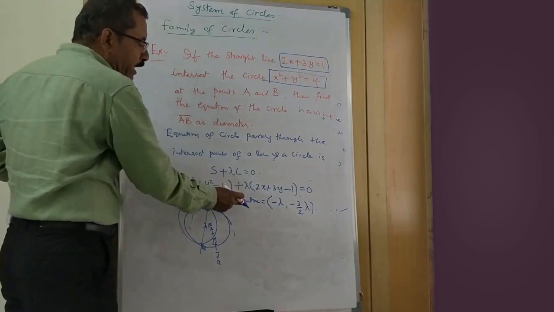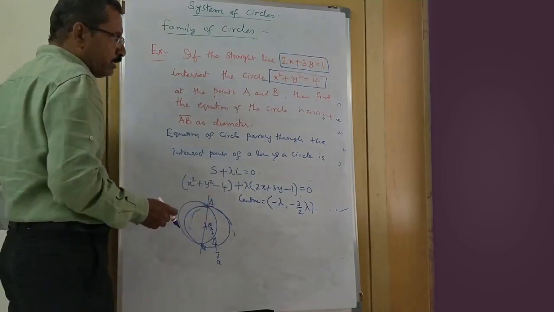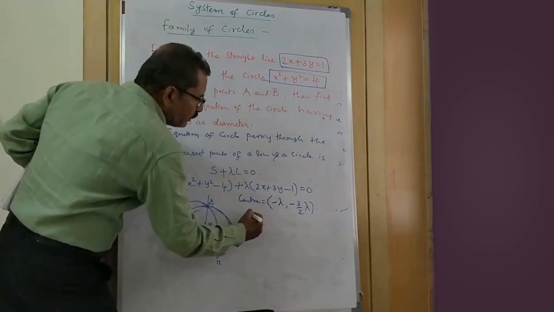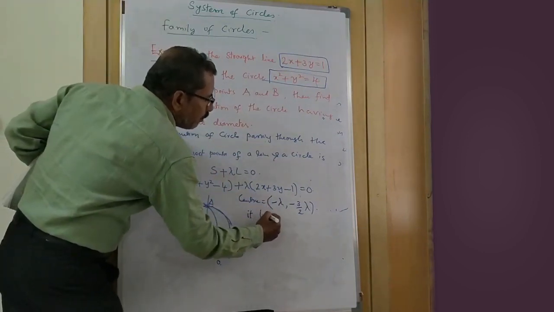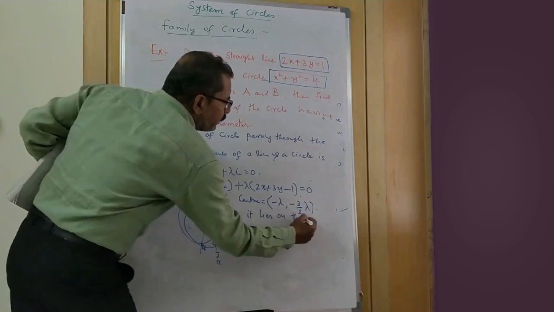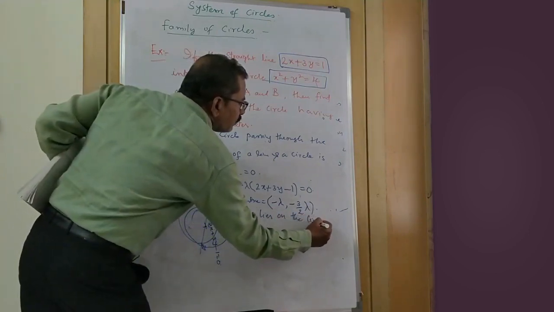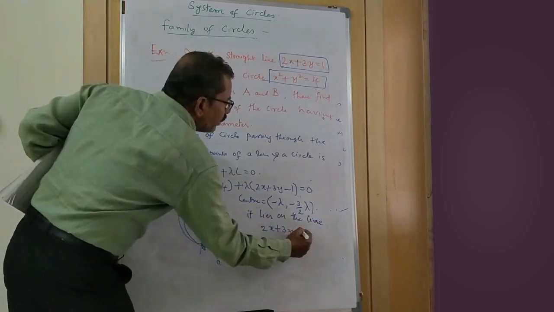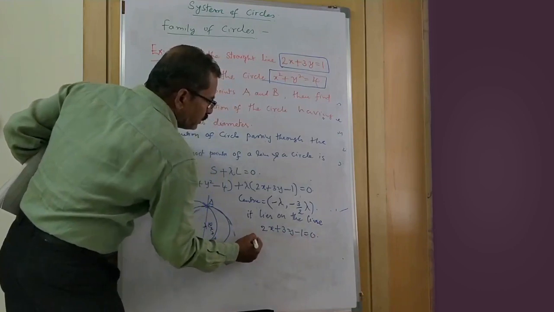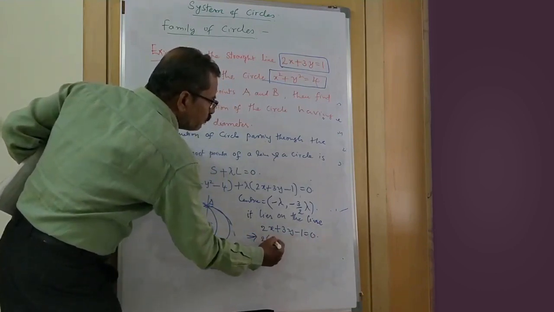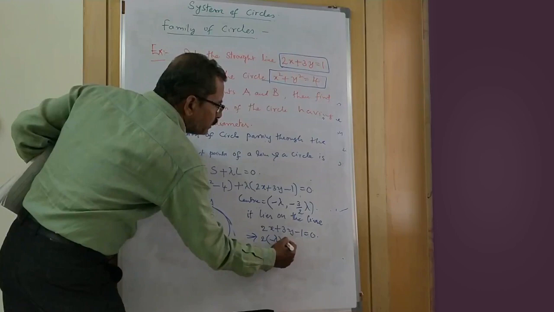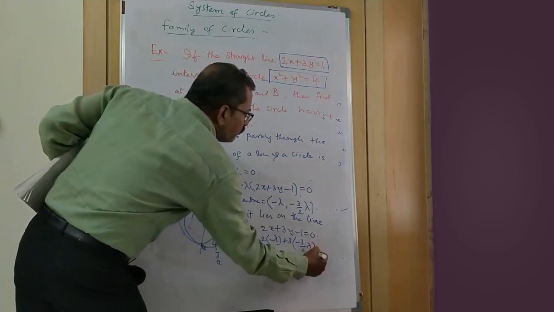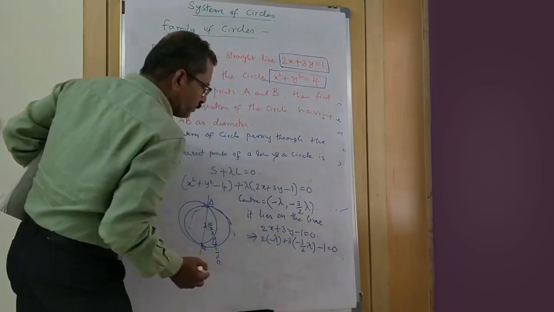It lies on the diameter, and AB is the diameter. So, given that it lies on the line 2x plus 3y minus 1 is equal to 0, this implies 2 into minus lambda plus 3 into minus 3 by 2 lambda minus 1 is equal to 0.